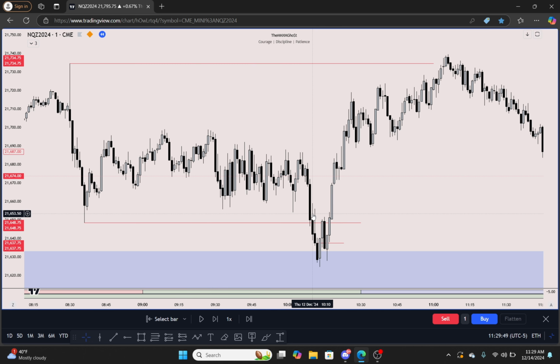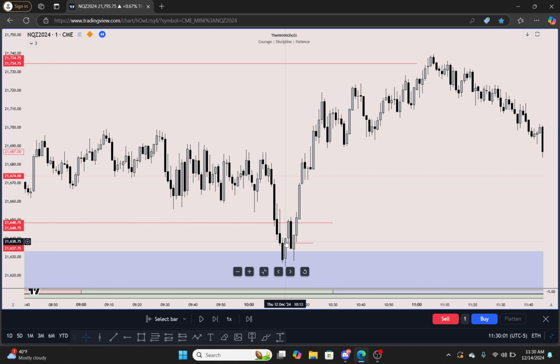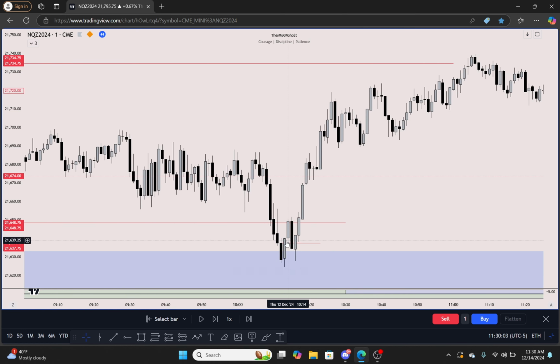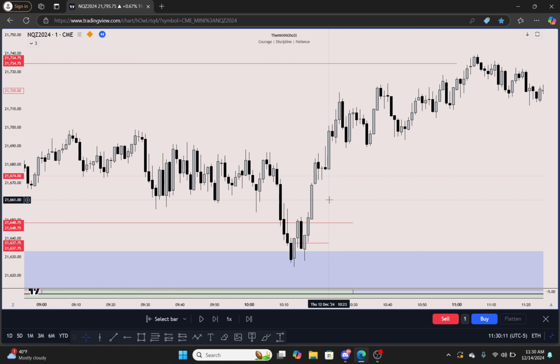Okay, so if you didn't enter on the soup, then you can enter on the change in state delivery order block. Soon as price closes above this candle's high, price comes down, taps it, stops at the low, you're in that move.